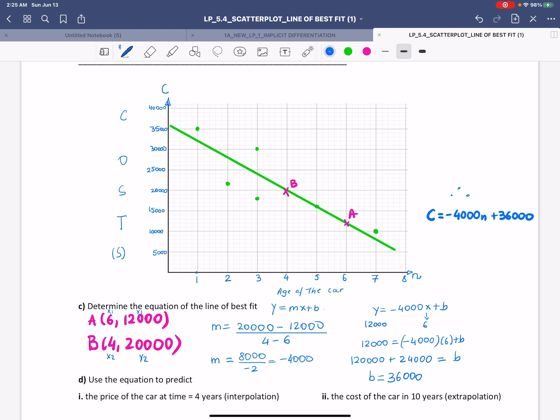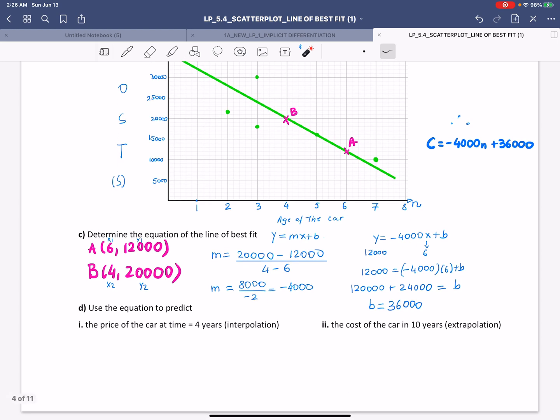So 36,000, think about it. 36,000 was the value of the y-intercept, which means when n equals 0. So that must have been the price of that car, brand new.